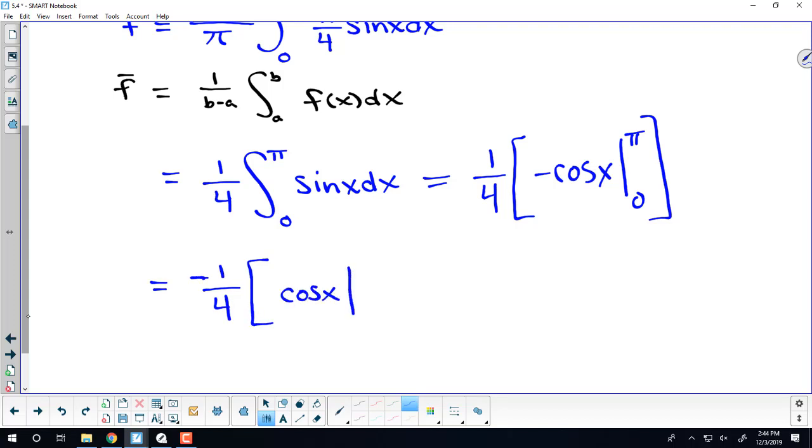So we're putting that negative out here. Okay, so we've got a negative 1/4 times cosine evaluated at pi minus cosine evaluated at 0.